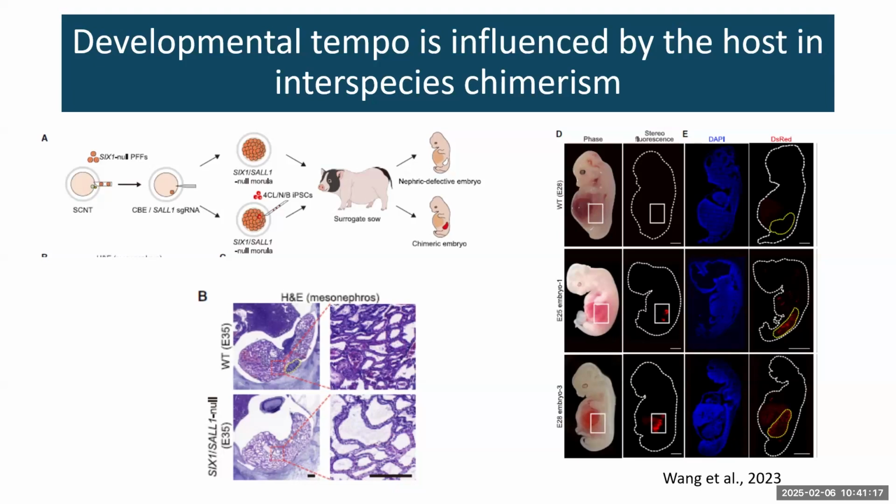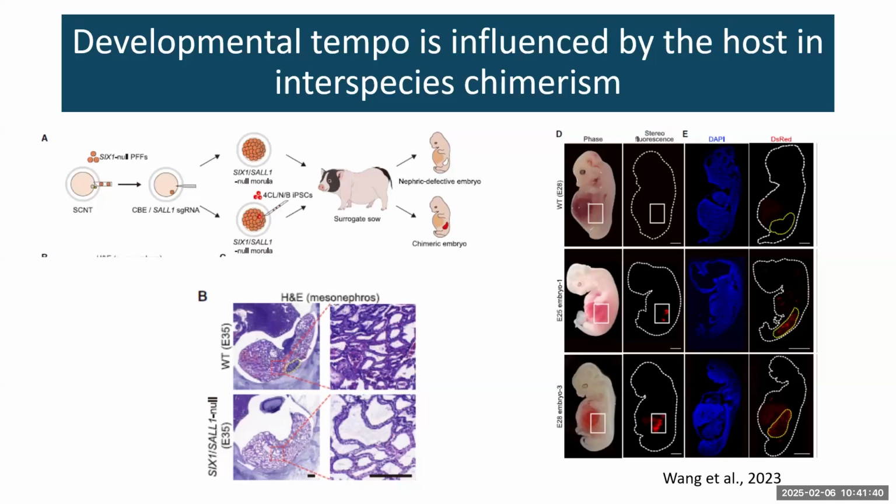But that means that you can manipulate it in the right environment. You need to understand how that works, what the network is, and how to control it, basically. Because the application, as you can imagine, would be quite enormous if you could actually do this and produce normal organs. But you need to understand the underpinning biological basis of organogenesis.